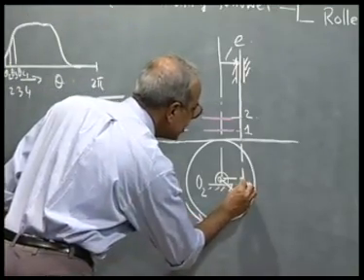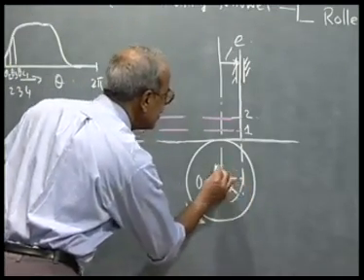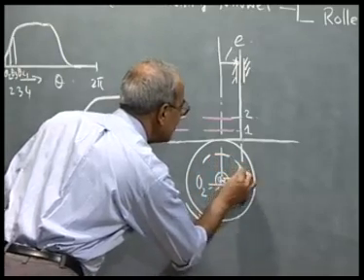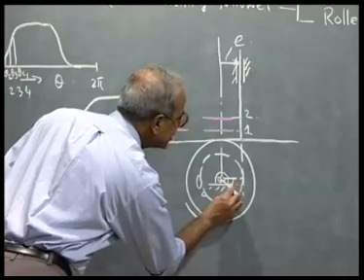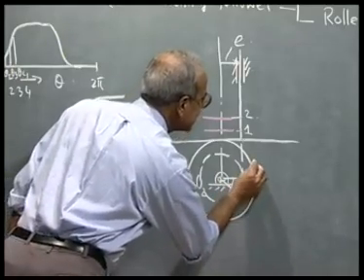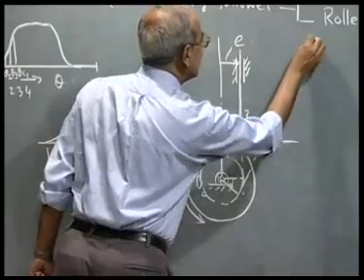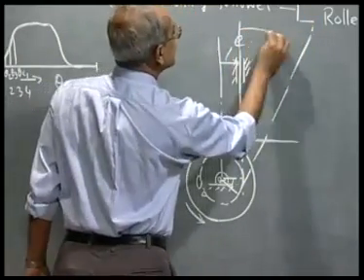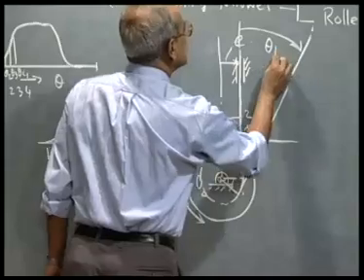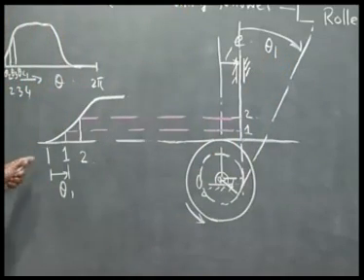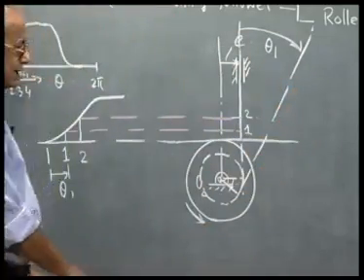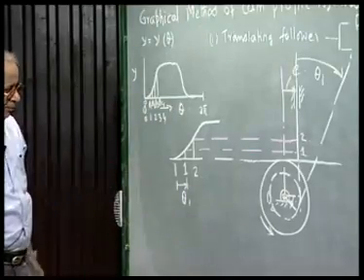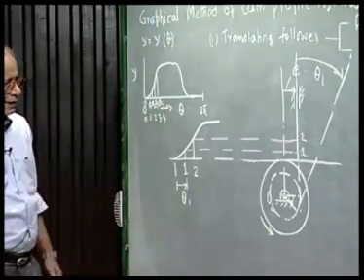So, if I draw a circle with radius E, then I make theta 1 and draw a tangent. So, this follower axis has rotated by theta 1 in the clockwise direction corresponding to this station point. That is the kinematic inversion: I hold the cam fixed and allow the follower axis, or the fixed link, to rotate by the same amount, but in the opposite direction.